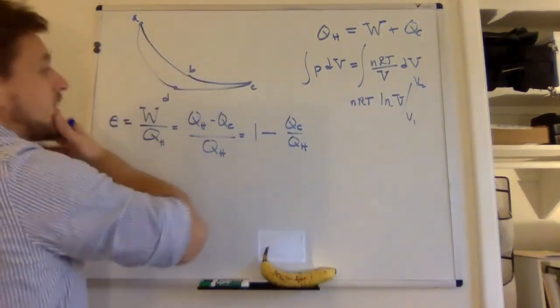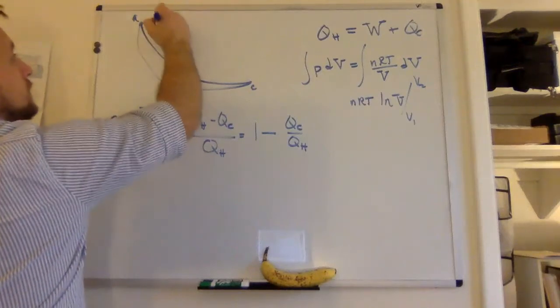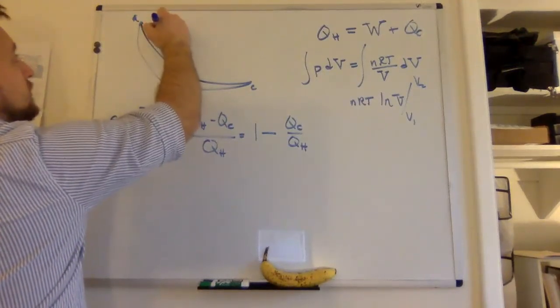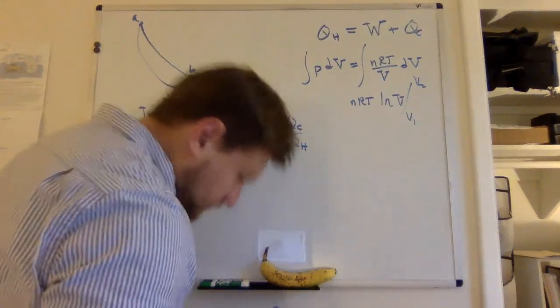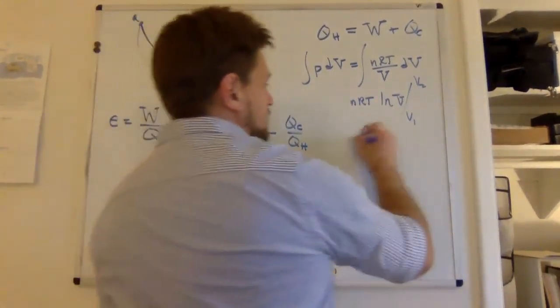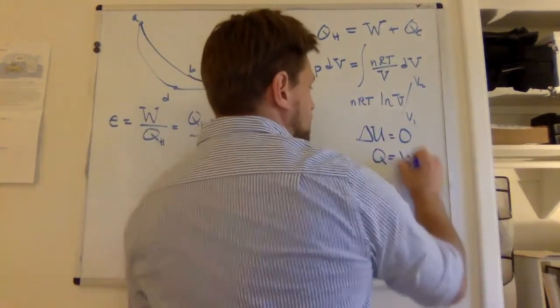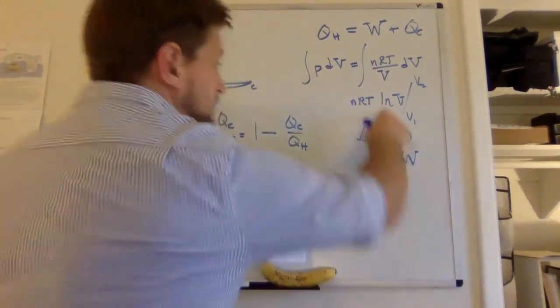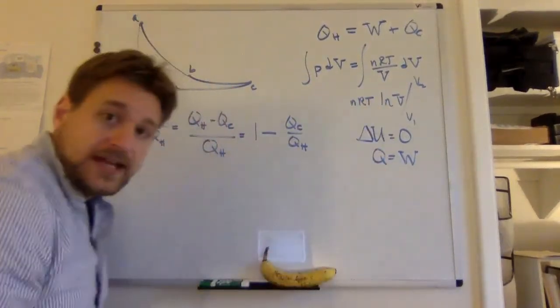So the work done here, we know is that, but that's also because in an isothermal process, delta U is 0, which means Q and W are equal. So if this is the work done, it's also QH.